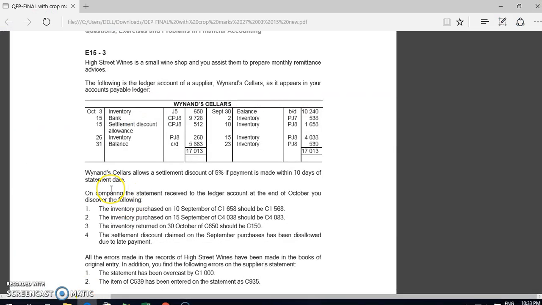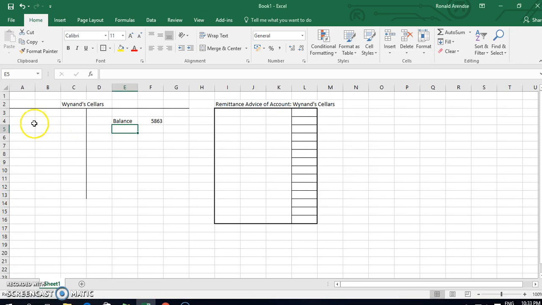Then we go back to our transactions. The first transaction we said the inventory was purchased for that. It should have been that. So we had to decrease our account with 90 Rand. So we have inventory with 90.